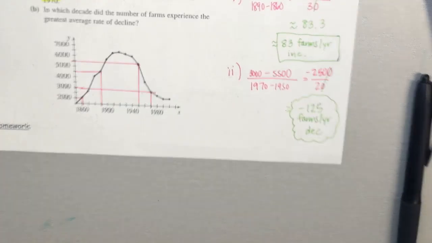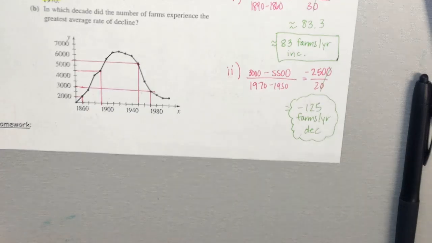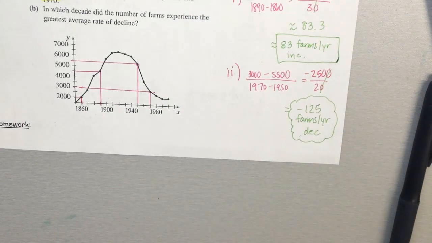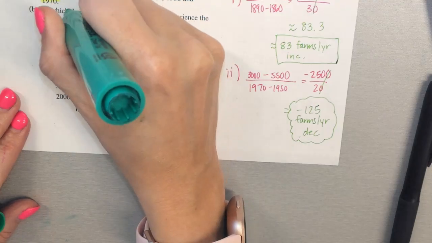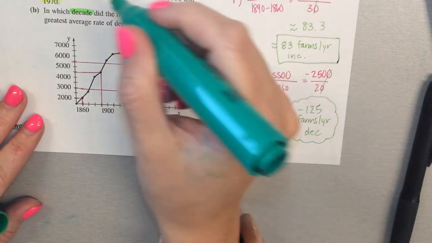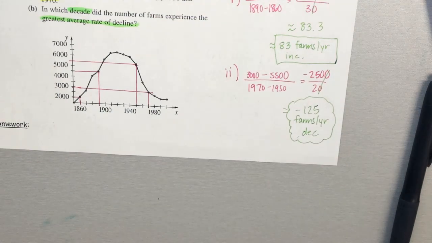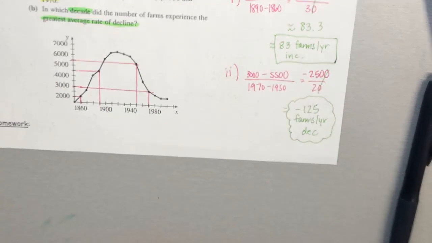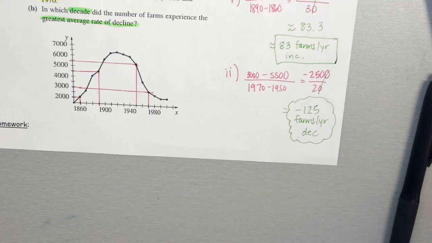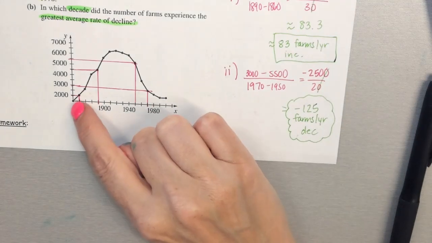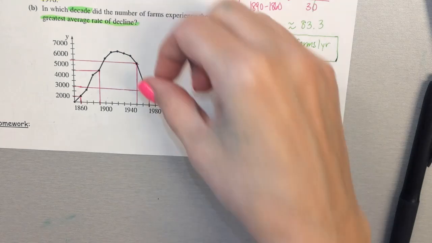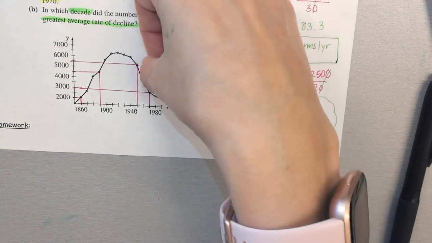Okay, so that is part A. In part B, they ask you in which decade. A decade is how many years? 10. So in which decade did the number of farms experience the greatest average rate of decline? Let's look at our graph. If it's a decline, then it should be going down from left to right. Everything on this side of the graph is going up, and then we see them go down.